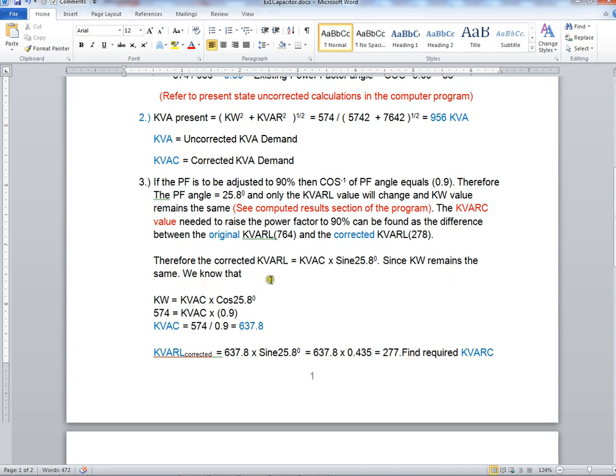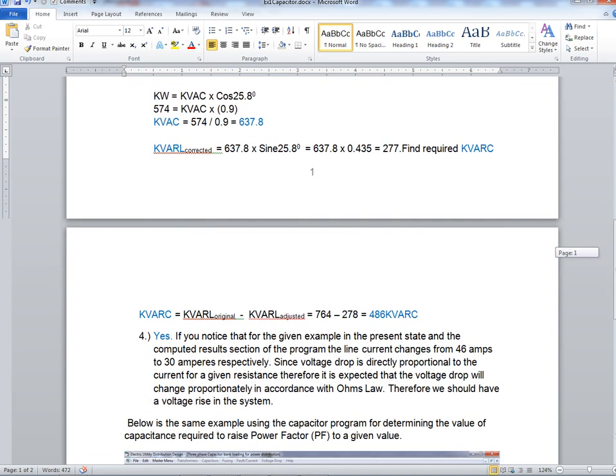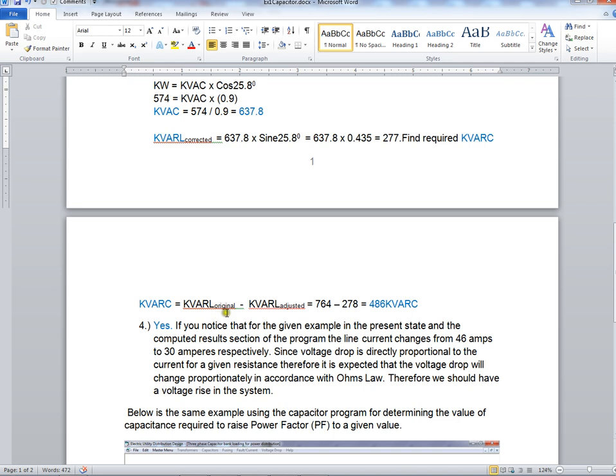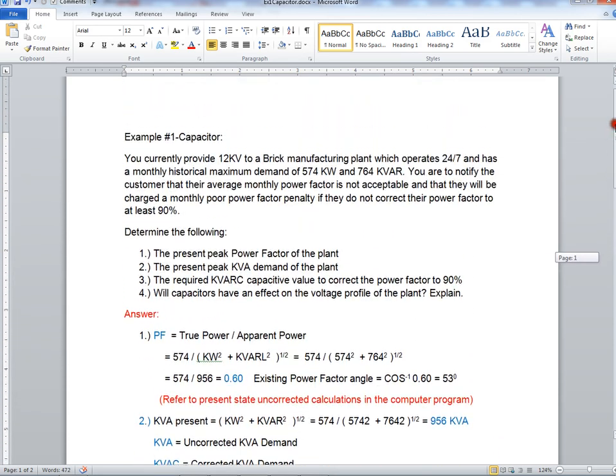All this information can be computed using just the Pythagorean theorem for a right triangle. Now you'll see how we do the same calculations to find the final adjusted kVARC, the reactive power capacitor needed. So this is the hand calculation.